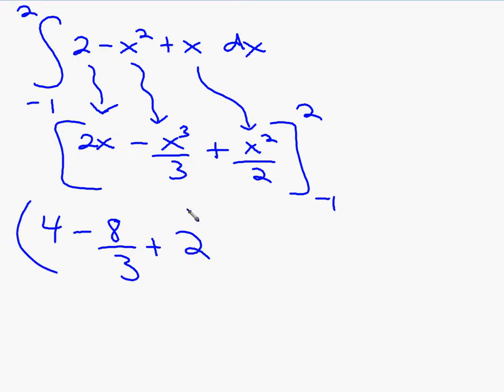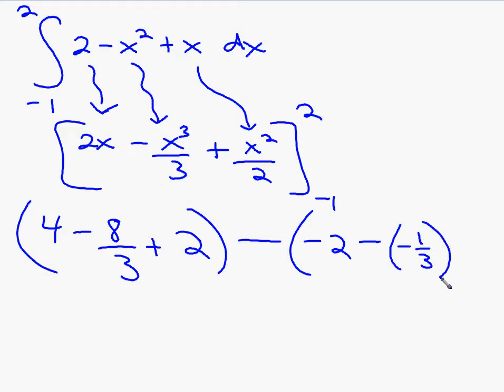There's the first part, minus, putting in negative 1, 2 times negative 1 is negative 2, minus, negative 1 cubed is negative 1/3, so I'm subtracting a negative 1/3, plus negative 1 squared is 1, so this will be plus 1/2.